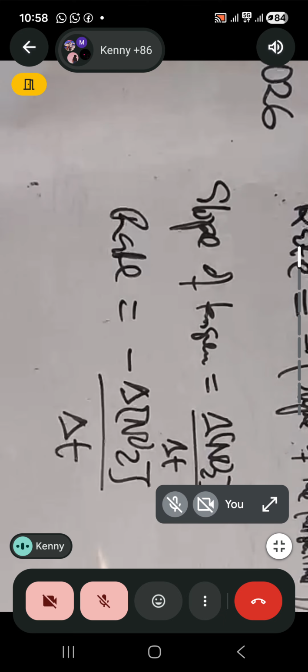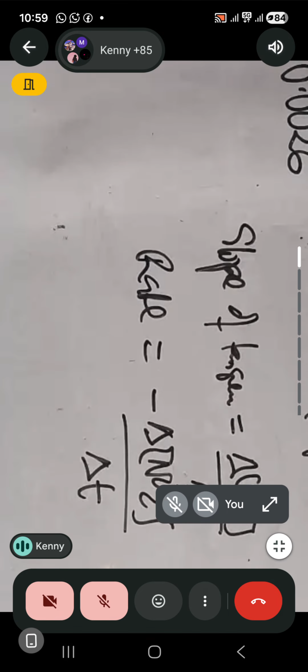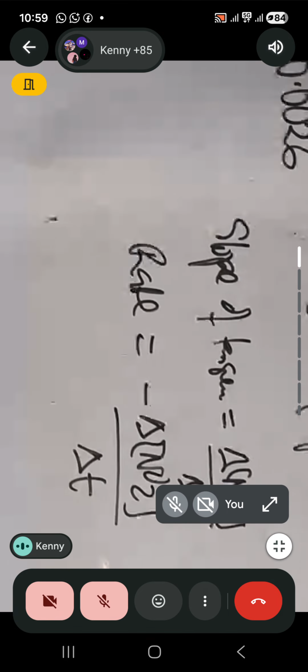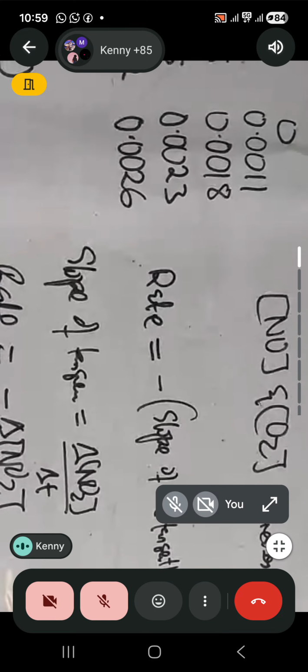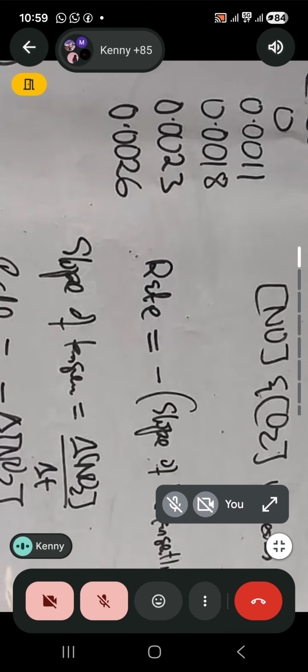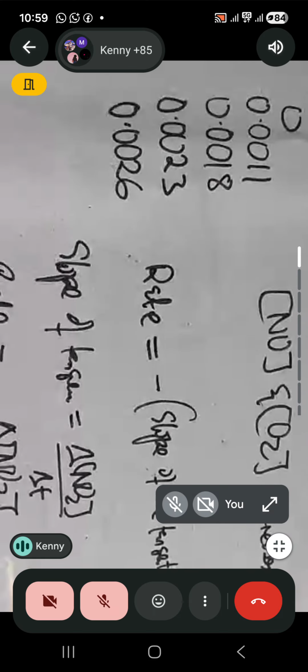Rate has a negative, while the slope of the tangent line has no negative. So it means now rate is equal to negative slope of the tangent line over t. So we can even calculate.